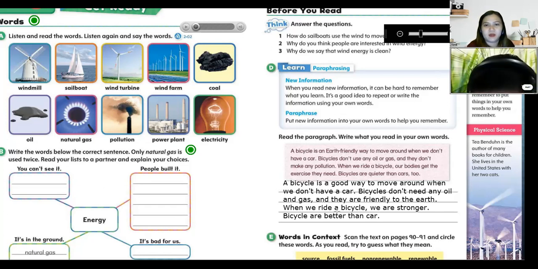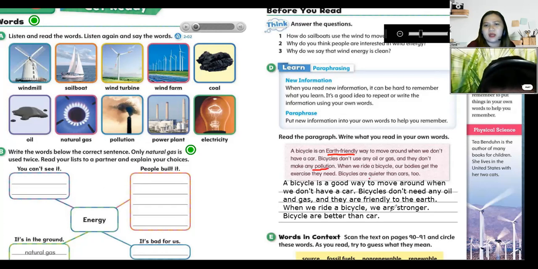Like, bicycle is earth friendly. Instead of just writing, you need to look for the important words first. Earth friendly, pollution, quieter than cars.